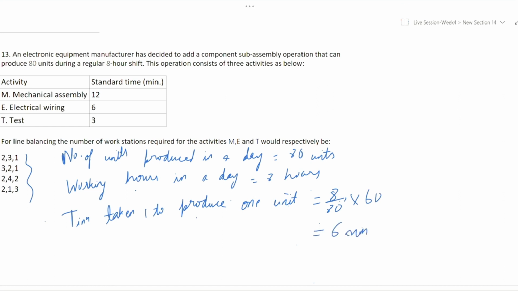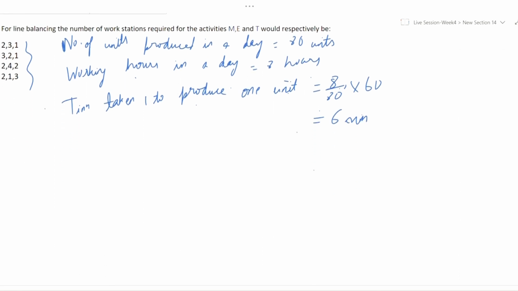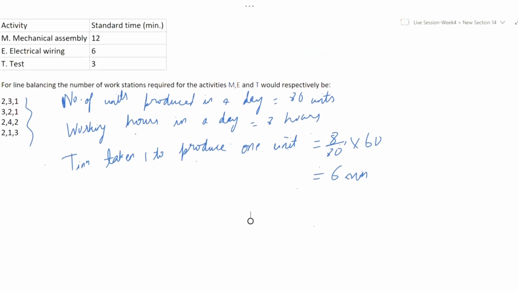Okay. Now we will find out the number of workstations. For M it is 12 by 6. This will be 2.